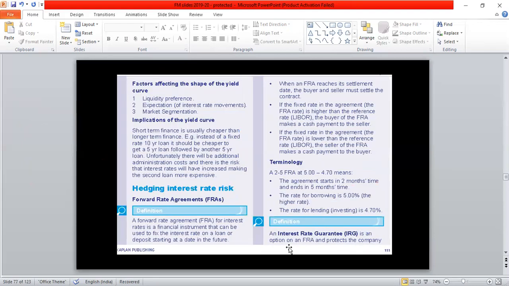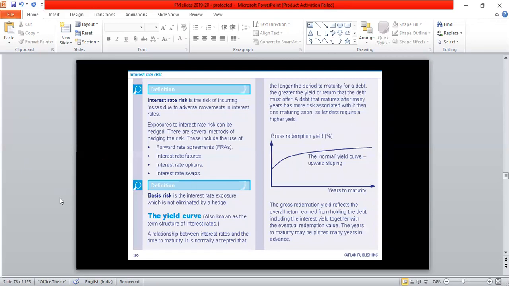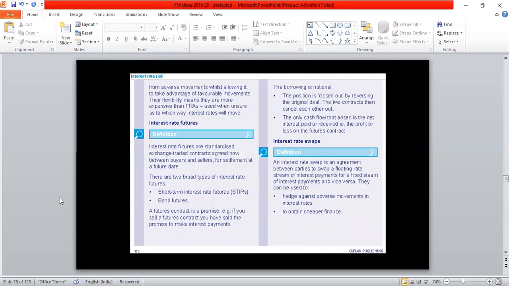An interest rate guarantee is an option on an FRA. So they can have this option also included into the FRA, that there would be some amount of interest rate guarantee from an adverse movement. But it says that their flexibility means they are more expensive than FRAs. An FRA is a future date obligation which has to be fulfilled.